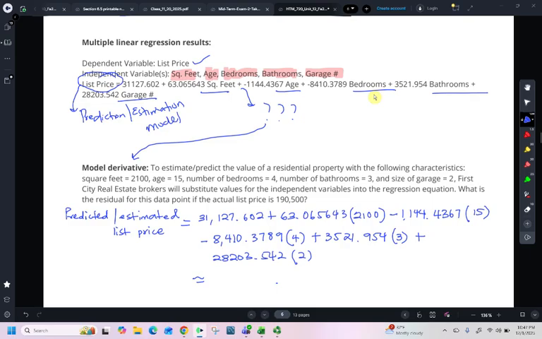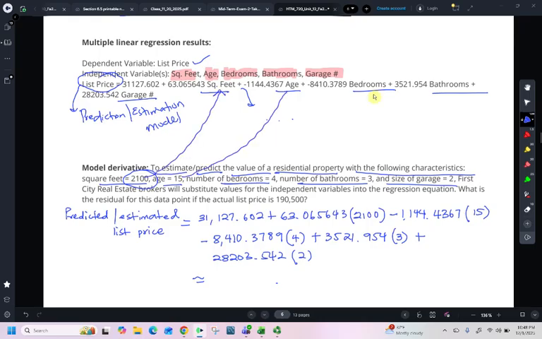For instance, if we are supposed to use past data to make a prediction of the future, for instance, to estimate or predict the value of a residential property with the following characteristics, where the square foot is 2100 square feet, age of the house is 15, number of bedrooms is 4, number of bathrooms is 3, size of the garage is 2 garages. Well, all we need to do is to substitute each of these values. So I'm going to substitute 2100 in here, age right here, bedrooms, bathrooms, and the number of garages right here.